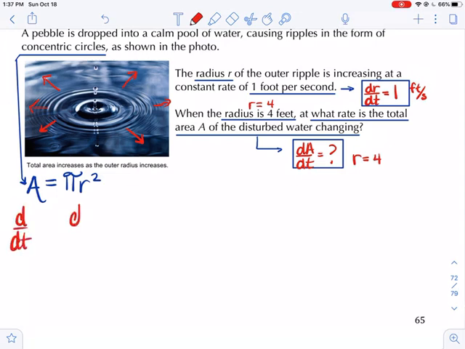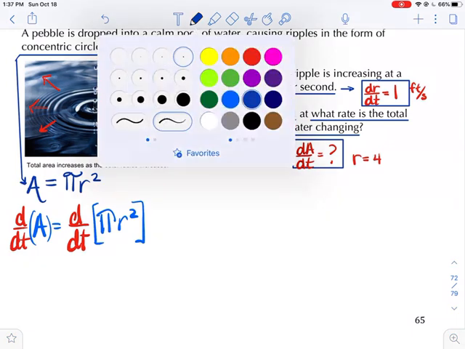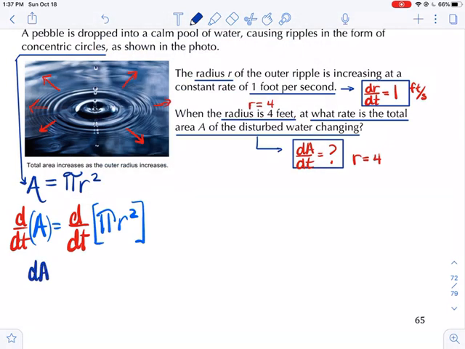So what we want to do is take the derivative with respect to time of both sides of this equation. So we have the derivative of area is equal to the derivative of pi r squared. Put some brackets around that. And so the derivative of the area is then just dA/dt.